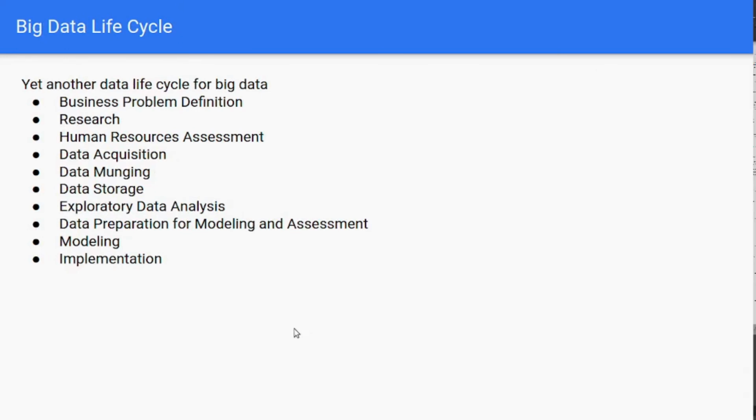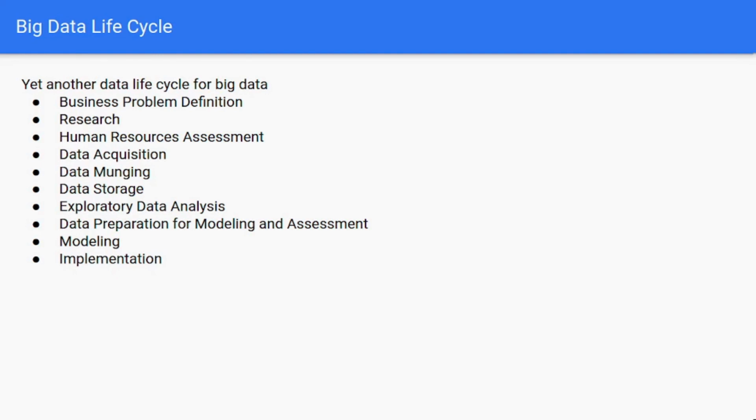Another one I found was another big data life cycle. In its core it is the same, in its essence the essence is the same, but they are looking from a big data perspective, right?